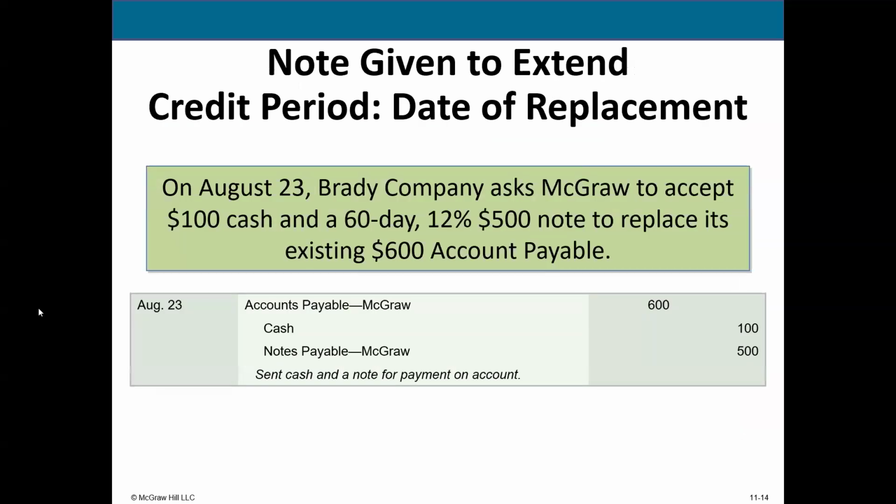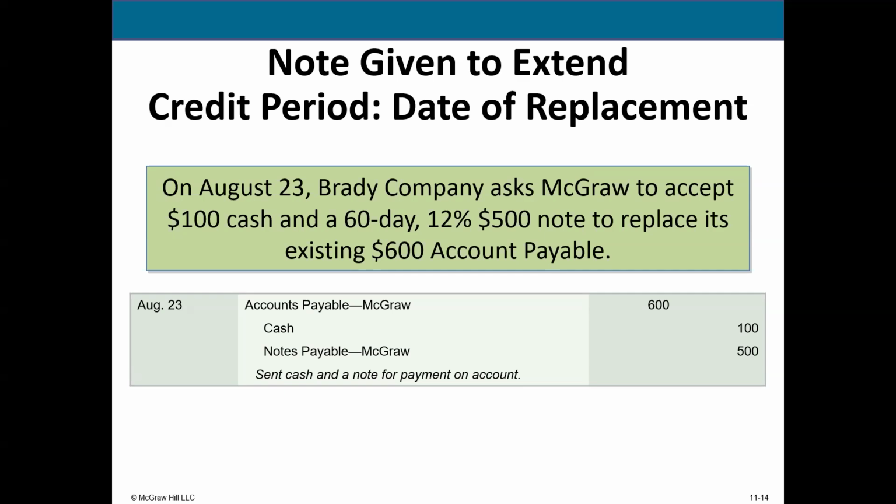So here we have an example of that type of conversion of an account payable into a note payable. So we asked our vendor to convert our account payable into a note payable.